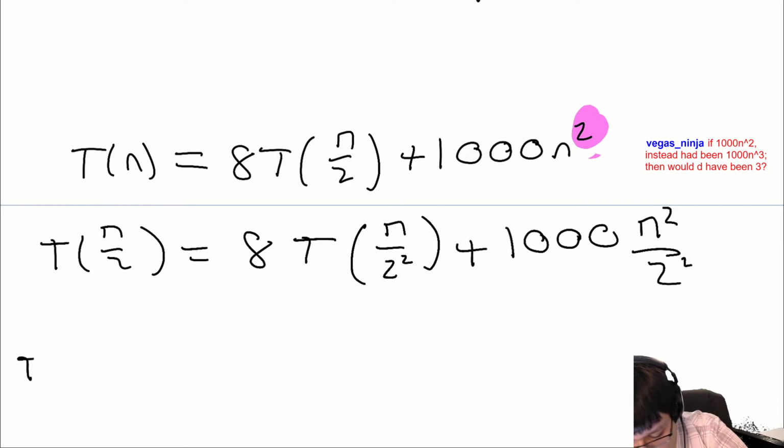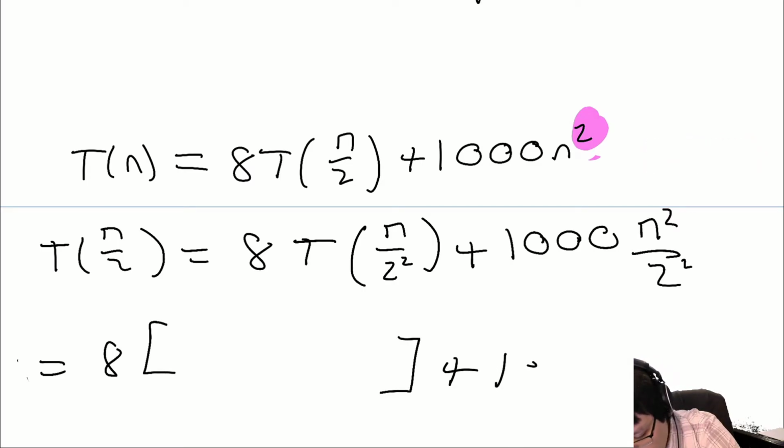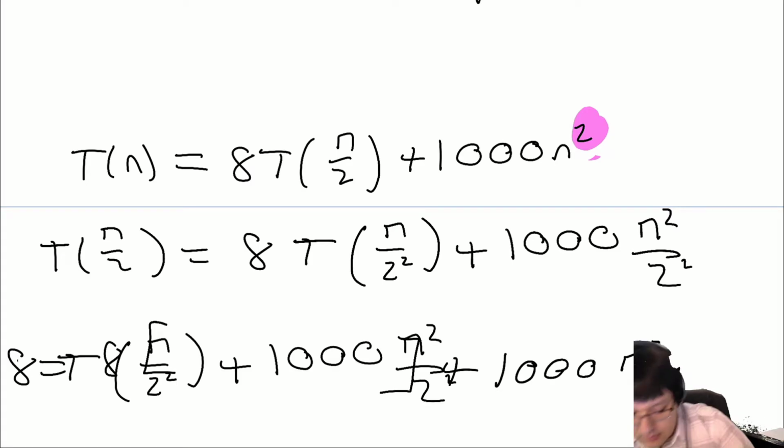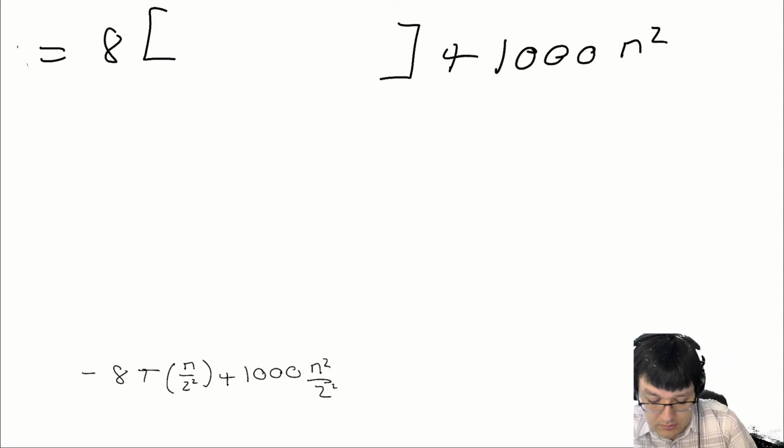So when we go ahead and plug that into the top equation, it turns out that this would be equal to 8, and then the big gap, plus 1000 n squared. In that big gap, we have to throw in this whole thing up here. Then I have to shrink it. Why does it keep sliding down as I shrink it?